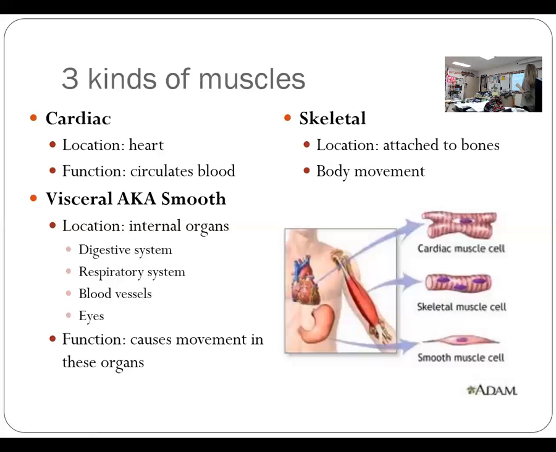Skeletal muscle is attached to bone for the most part. There are a few exceptions to that, but for the most part, it's always attached to bone, and it's what causes our body to move. Now, what's one difference you see already between skeletal muscle and these other 2 types of muscle? Yes. Okay, so good.